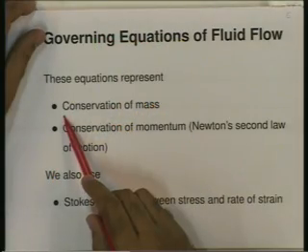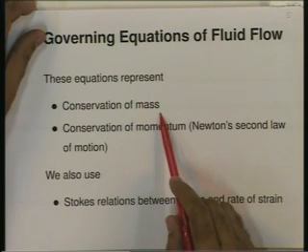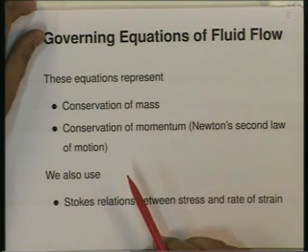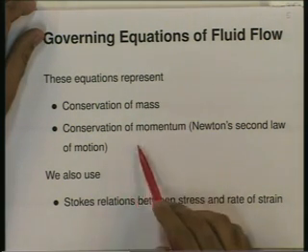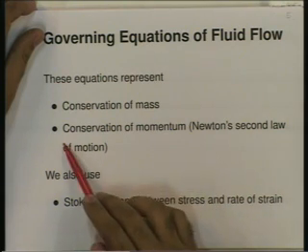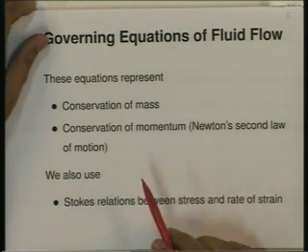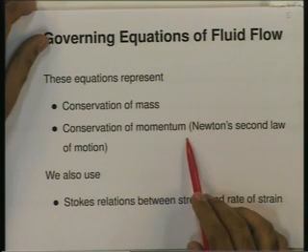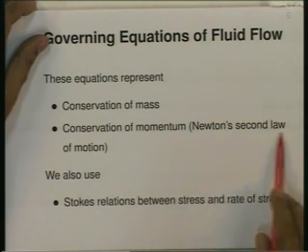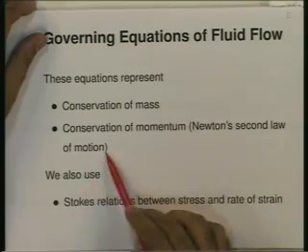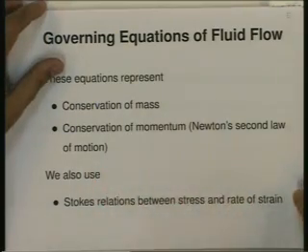We have to have an equation representing conservation of mass and another equation or set of equations representing conservation of momentum. Conservation of momentum is nothing but Newton's second law of motion applied to an open system through which fluid flows in and fluid flows out.